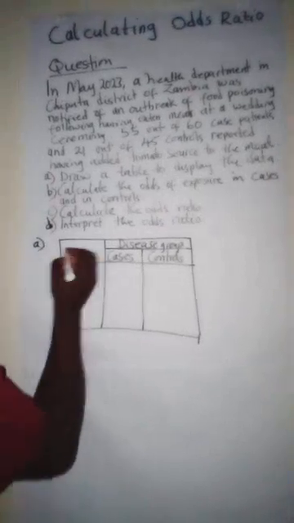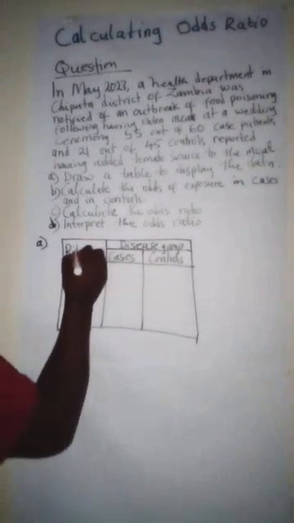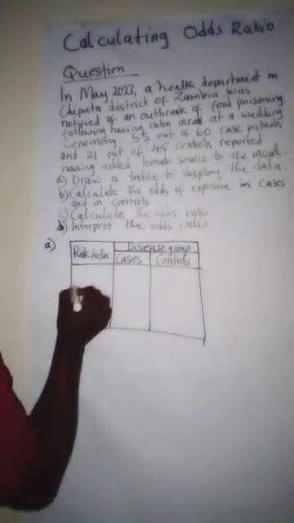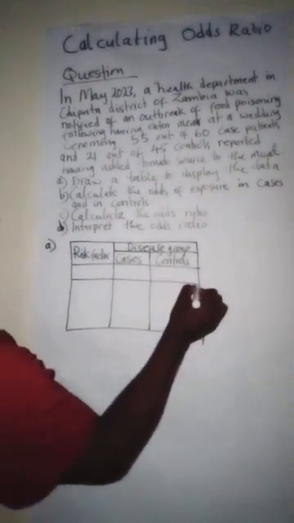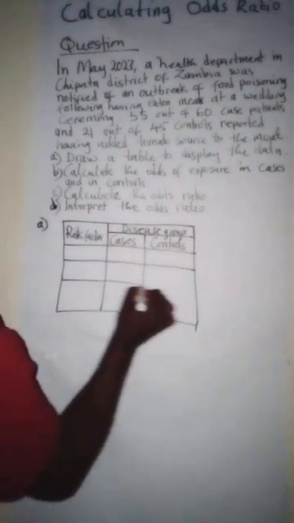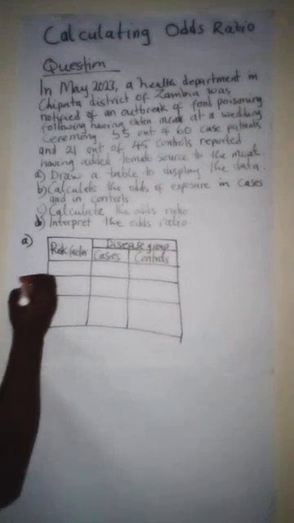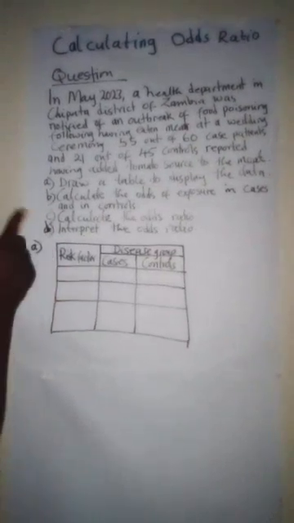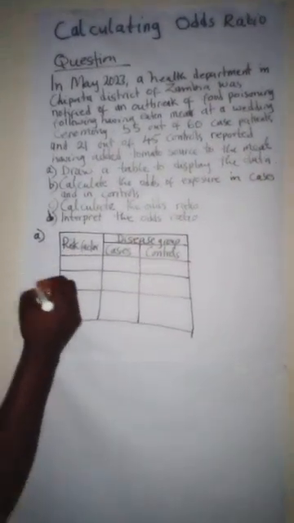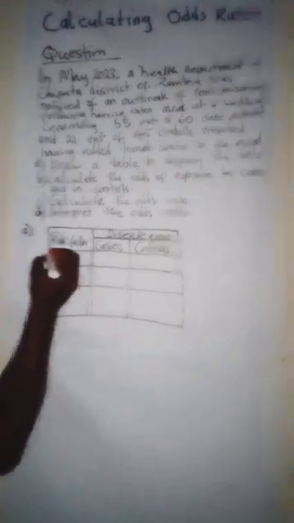And here I'm going to say risk factor. So our risk factor here is the tomato sauce, because they all ate meat, but some added tomato sauce. So our exposure or risk factor is the tomato sauce.